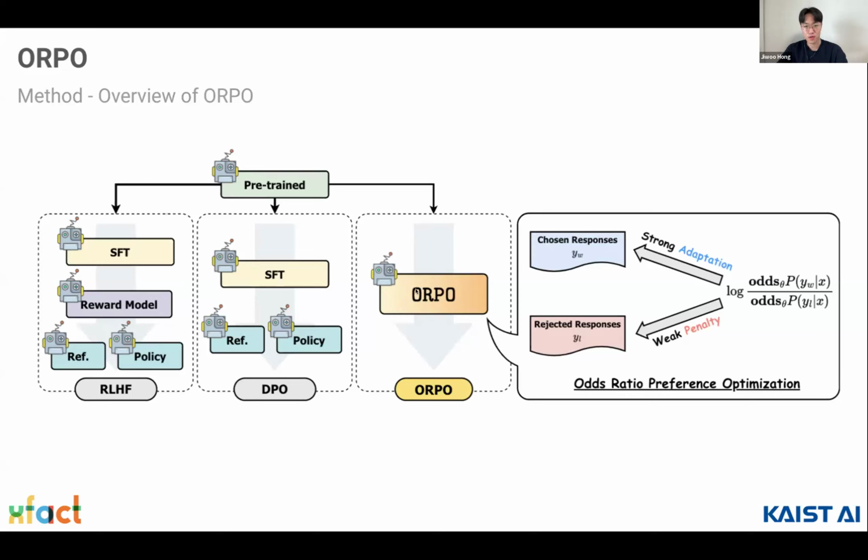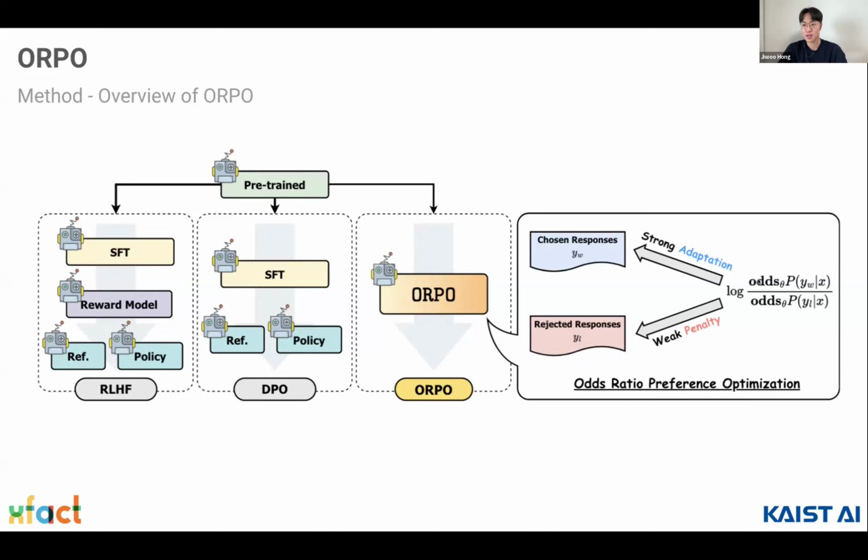However, in ORPO, we are directly aligning the pre-trained language models, for example Mistral or Llama 3, to users' preference in a direct way. To simply say how this works, we are using the odds ratio, which is the reason why we call ORPO the odds ratio preference optimization.